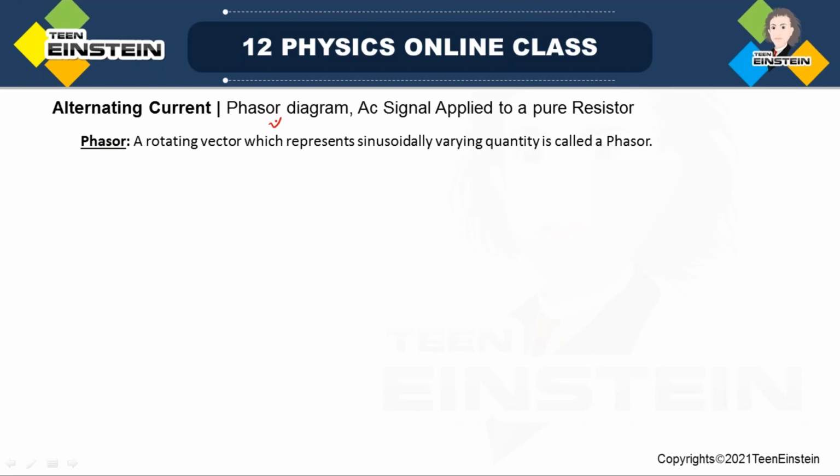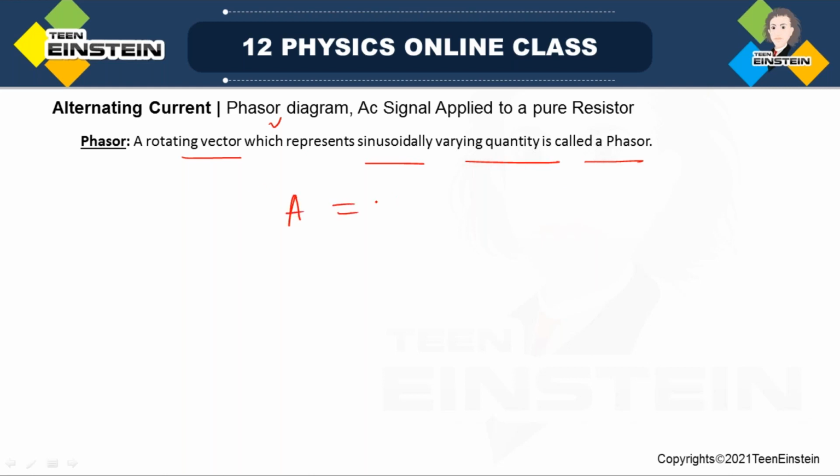Before I say what is phasor diagram, let me tell you what is phasor. Actually, phasor is a rotating vector, and this rotating vector can represent or produce a sinusoidally varying quantity, whether it is current, voltage, or whatever it is.